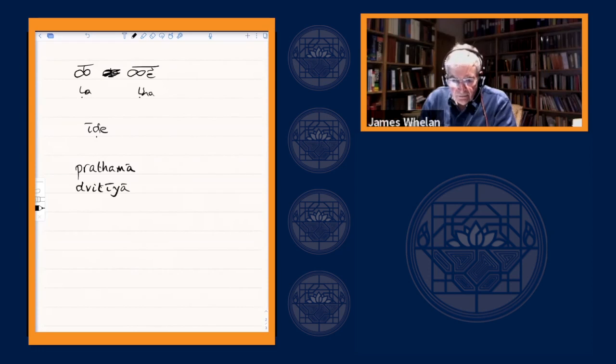In the masculine, and the same applies to the feminine that we haven't officially come to yet, the characteristic ending of the accusative is an m. So if you look at paragraph 4, nominative narah, accusative naram. So the man sees is narah pashyati, but I see the man would be naram pashyami.